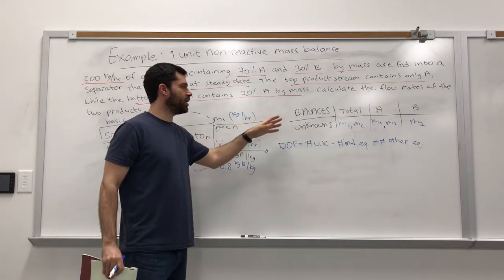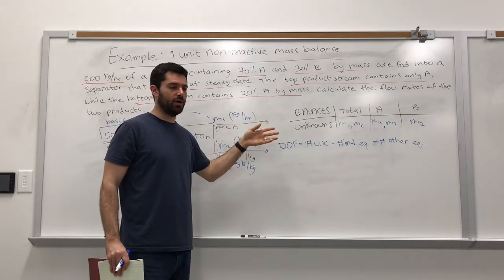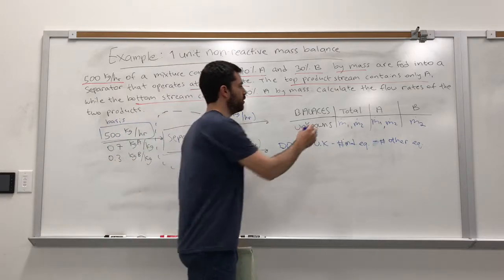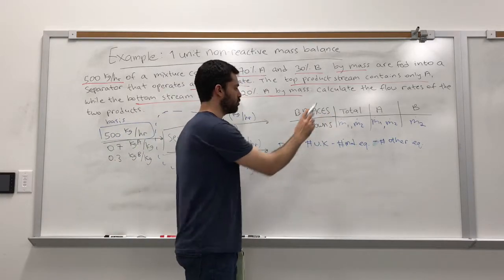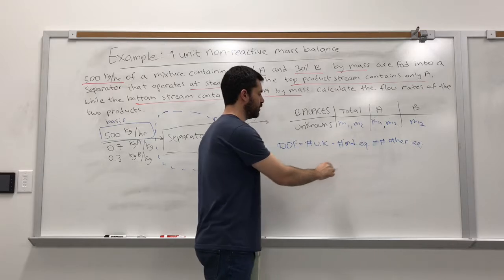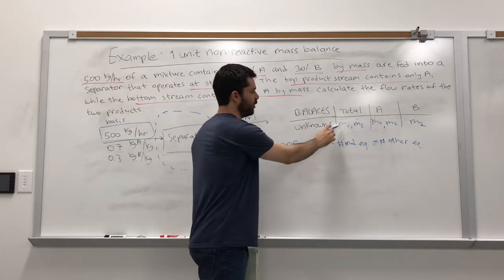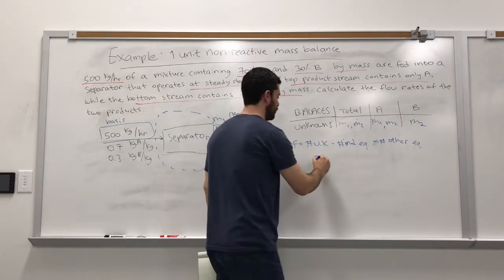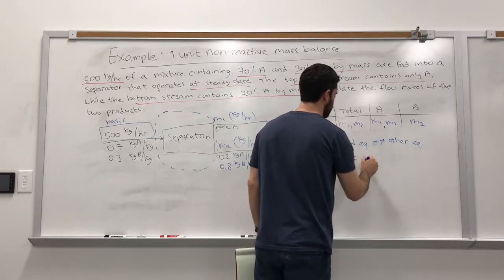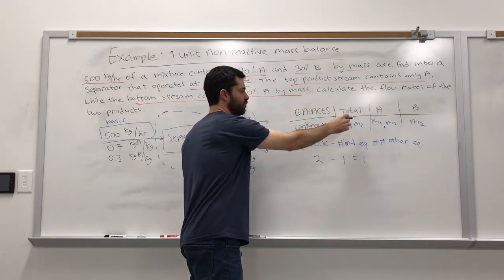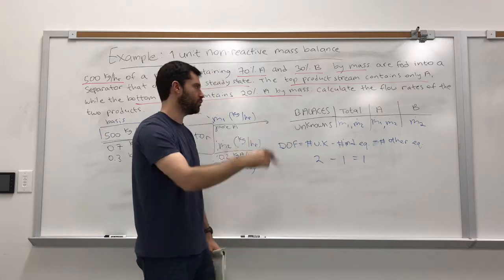So now let's look at our table and we'll calculate the number of unknowns for each balance. So the total balance, that's one independent equation, and we have two unknowns. So 2 minus 1 equals 1, right? So solving this balance is not going to give me both M1 and M2.